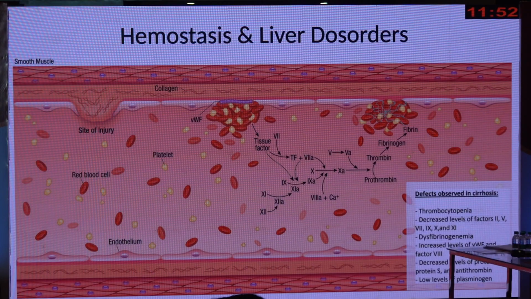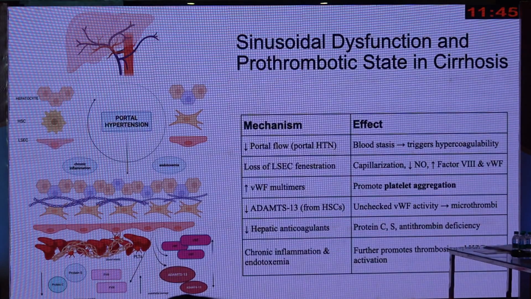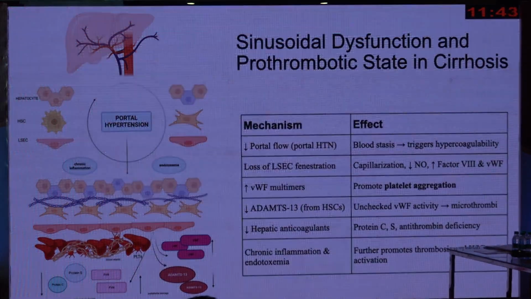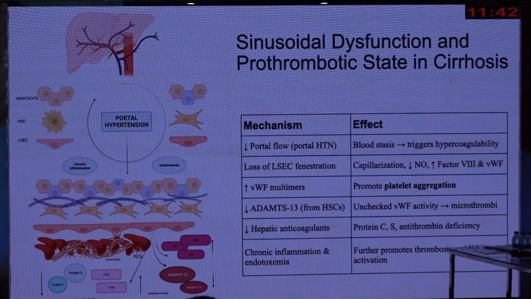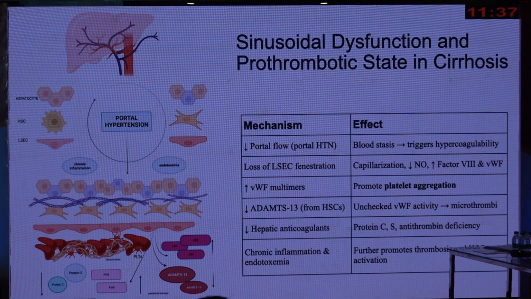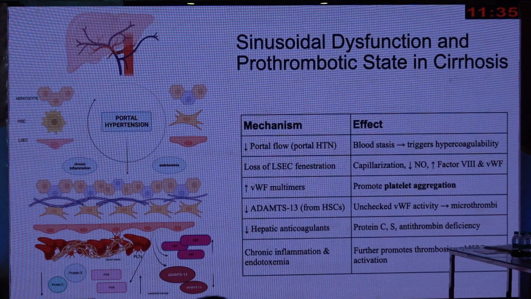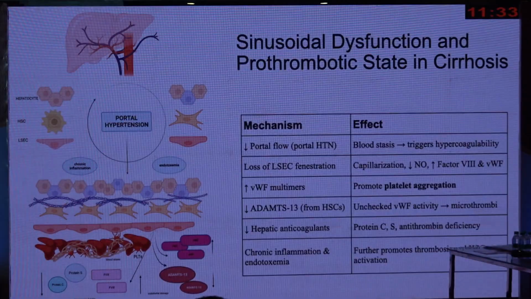There are changes which occur in these hemostatic steps in liver cirrhosis, especially because decreased portal flow leads to stasis that promotes hypercoagulability. There are changes in liver sinusoidal endothelial cells because of capillarization.